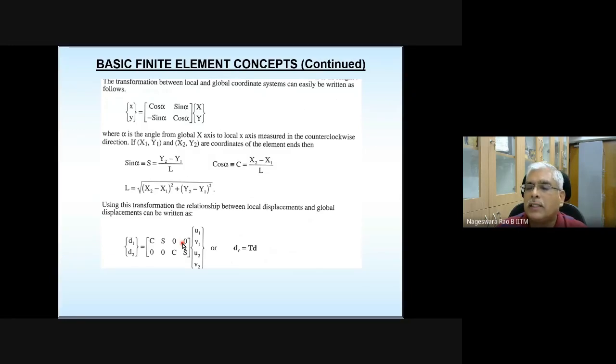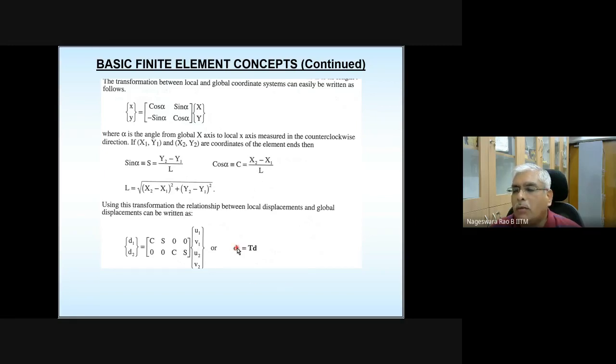Please check it. It's based on the simple trigonometric rule that cos square alpha plus sin square alpha is equal to 1. You try that, okay? So T is an orthogonal matrix. The property of an orthogonal matrix is that T transpose is the same as T inverse. So if I want the inverse relation, D is equal to T transpose DL.